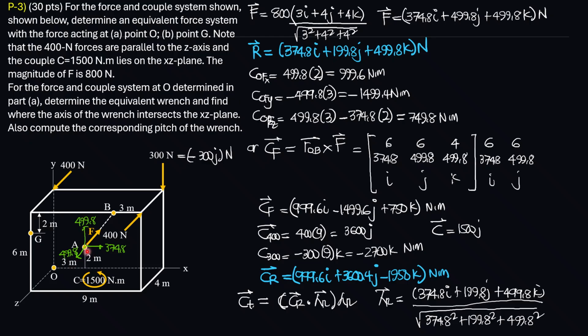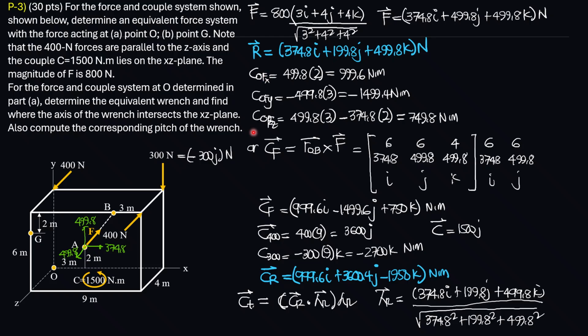So only this Z component, 499.8 forward, is perpendicular to the XY plane. So moment about X, this has no moment. This has no moment also because it passes through X. It lies on the XY plane. So only this component of the force has moment about X, and by right thumb rule, it is positive 499.8 times 2.